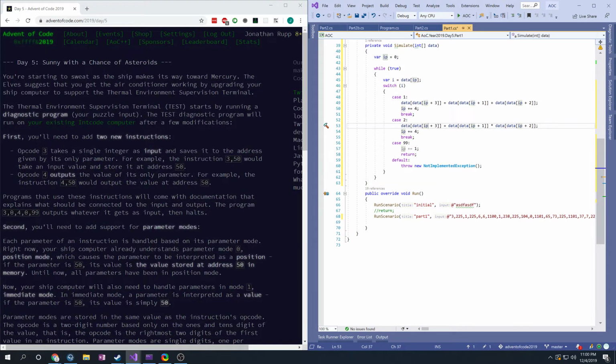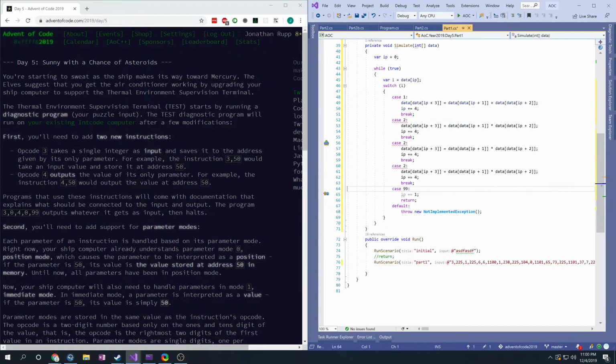Okay, so we need an opcode 3 and an opcode 4. It takes a single integer as input and saves it to the address given by its parameter. Oh, wait, we have an input value. Take an input value and store it.